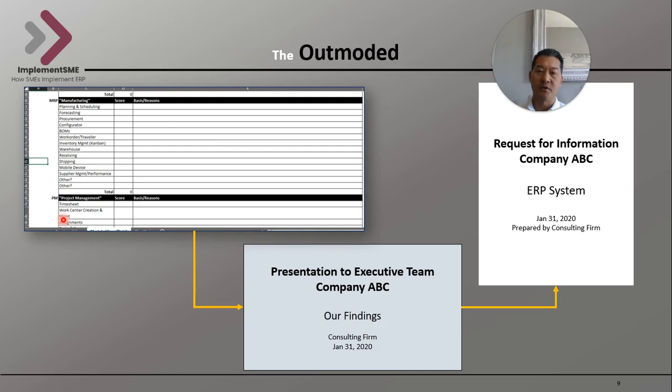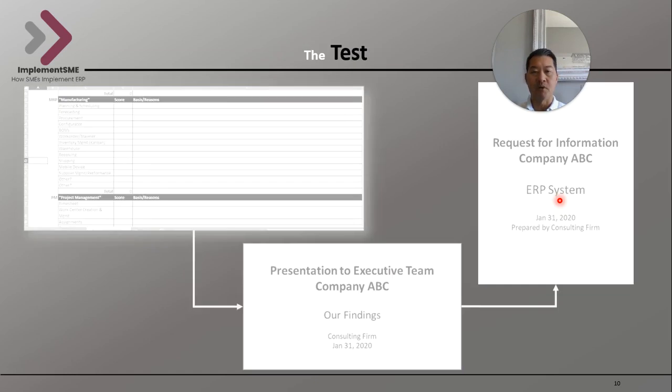Then either you or the consulting firm you hired does a presentation to the executive team, and somewhere way down the road that becomes used to create an RFI or RFQ to go out to the various ERP suppliers. Again, the philosophy is fine, but there are so many flaws in this model that truly is outmoded.